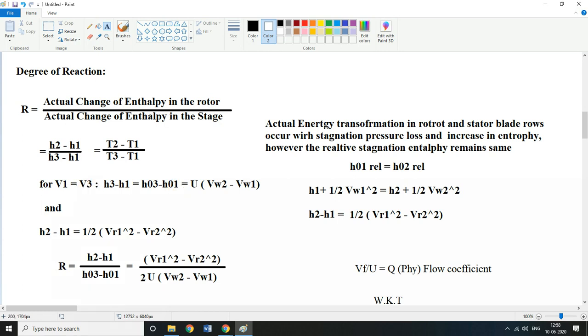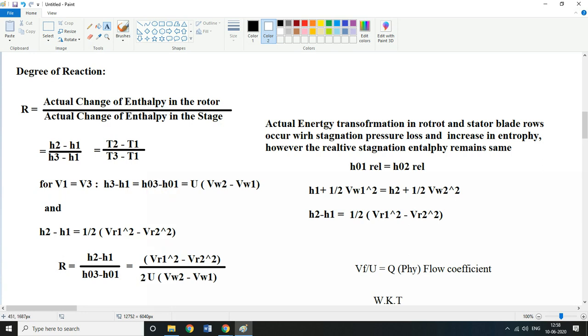If you take the total pressure, the dynamic pressure will equalize once in the first stage and then in the second stage. So we can directly take the enthalpy change from 3 to 1 as equal to the stagnation change from 0 to 1, because V is not changing.